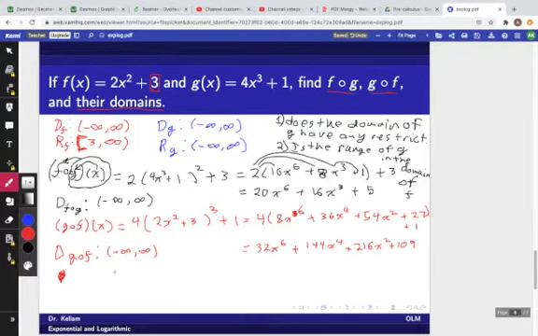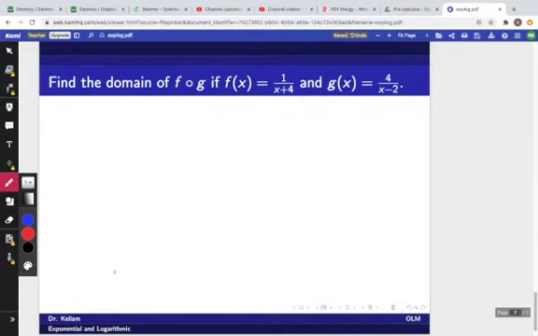I do have one more example I want us to look at in this video. Here we're not actually putting the functions together. We just want to know the domain of f of g. So let's first find the domain of g. The domain of g is x such that x cannot equal 2, because x minus 2 cannot equal 0.